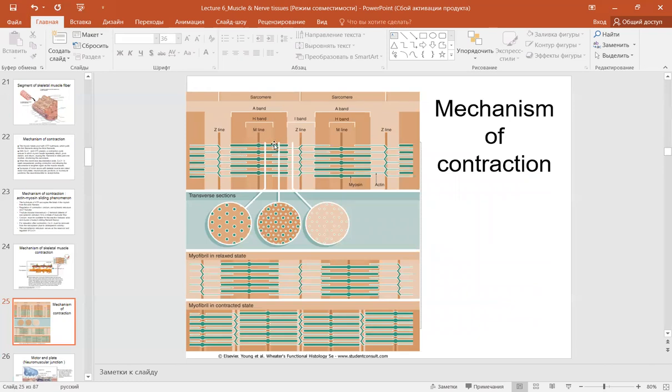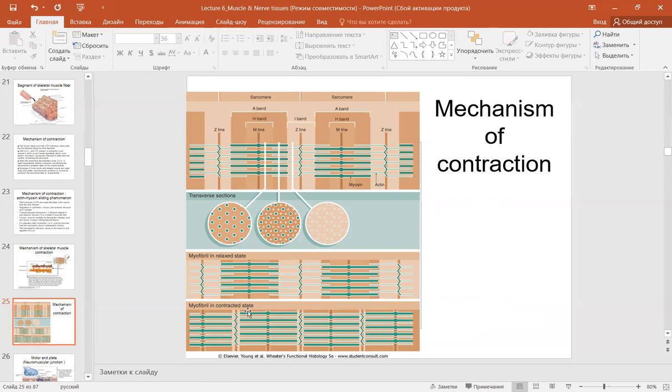Here you have the sarcomere in the relaxed condition with relatively thick H zone, relatively thick isotropic disc. And here you have the comparison of myofibril in relaxed state and myofibril in contracted state.